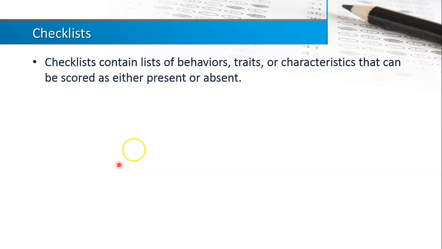A checklist usually contains a list of behaviors, list of traits, list of characteristics, or list of something that we want to observe from a student's performance, student's work, or student's behavior. When we can see that, it means the behavior is present.